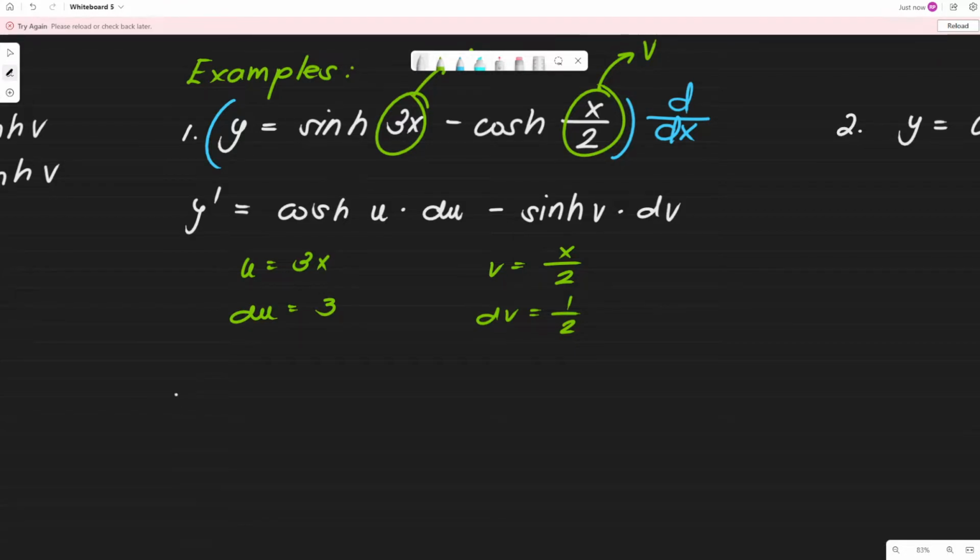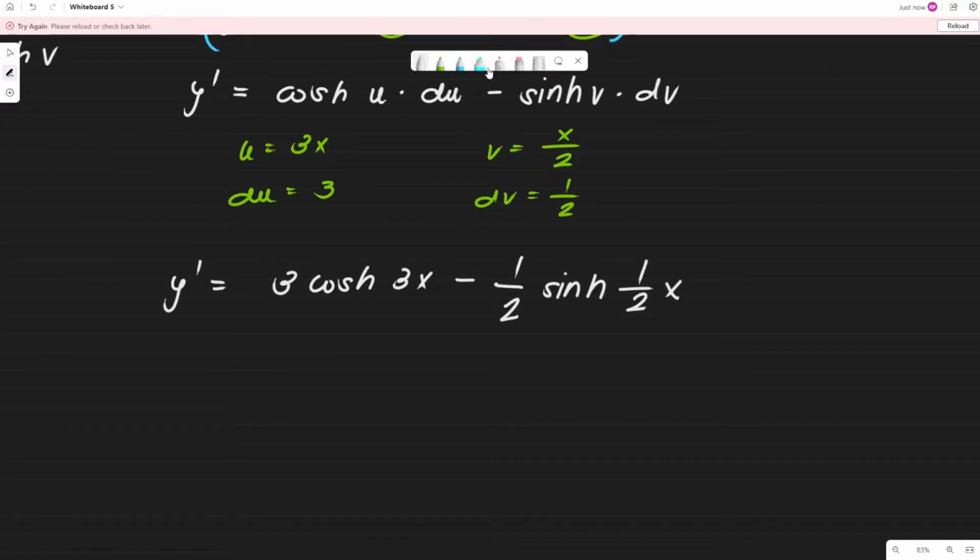So, we'll have our y prime is equal to 3 hyperbolic cosine 3x minus 1/2 hyperbolic sine, ano yung v natin? x over 2. So, this is our answer. Ganun lang siya. Easy, basic na basic.